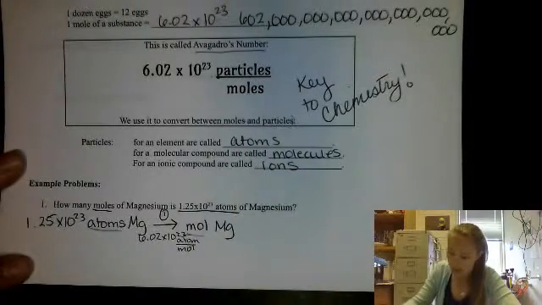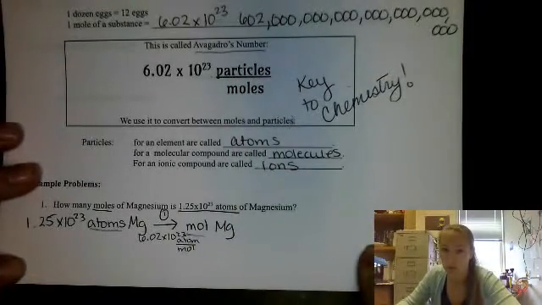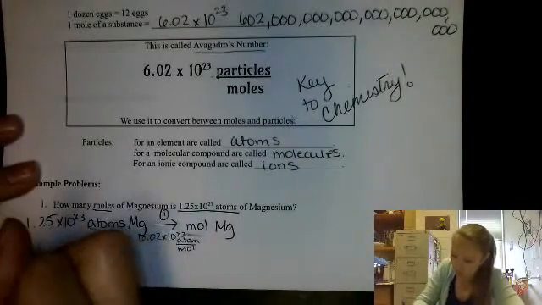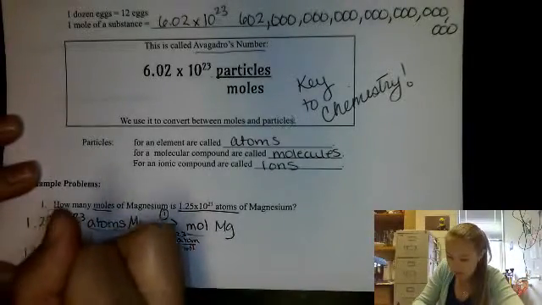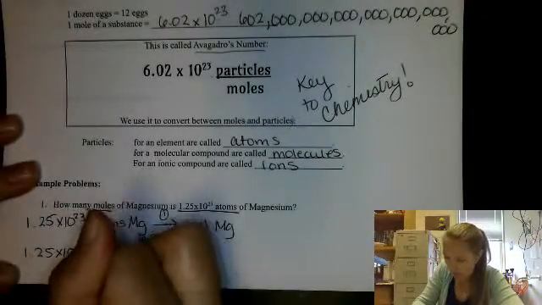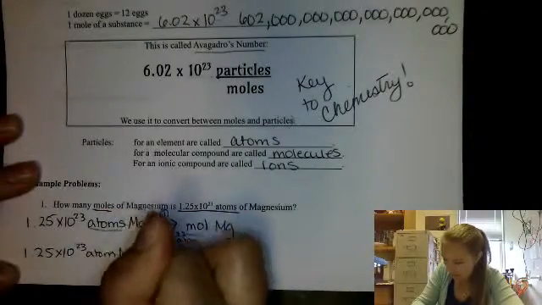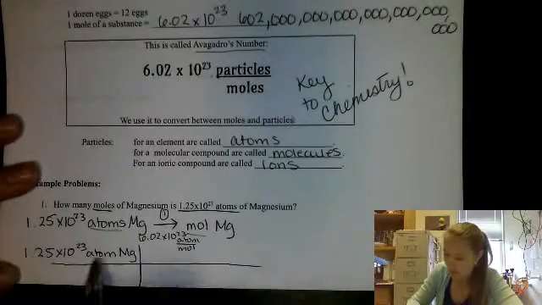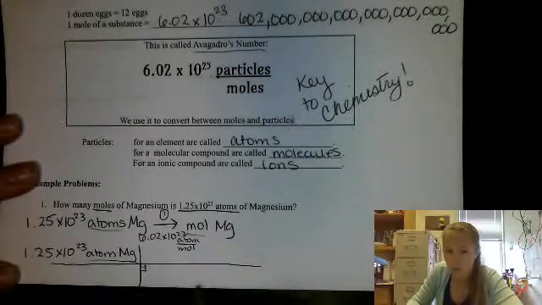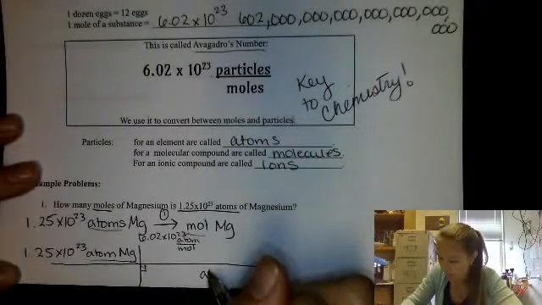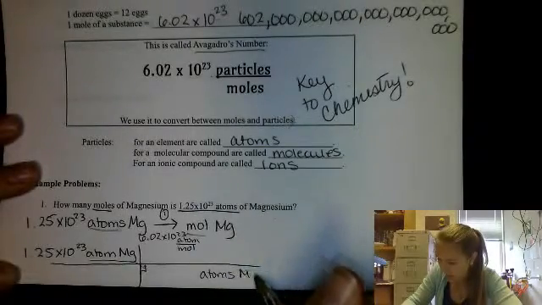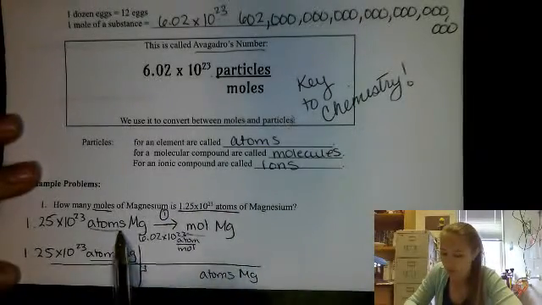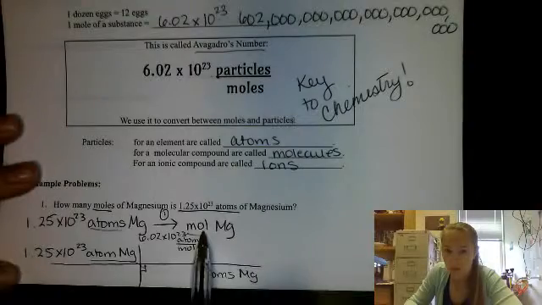So I set up my dimensional analysis just like I did for unit conversion. 1.25 times 10 to the 23rd atoms of magnesium. And then I draw my fence. Remember, my units here get dropped down to match my units at the bottom. So I write atoms of magnesium at the bottom, and I'm going from atoms to moles.